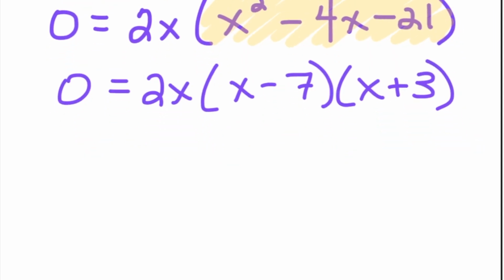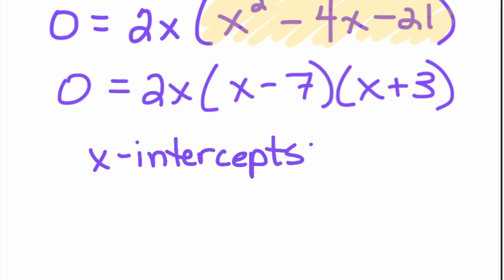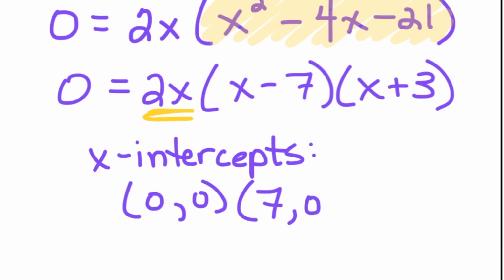And so my x-intercepts are going to be x equals 0. Remember that you have to look at the GCF if it's a variable. And it's not x equals 0. I'm going to get rid of that and say it's the point 0, 0. My apologies. So x equals 0 becomes 0, 0. Then x minus 7 equals 0 becomes positive 7, 0.